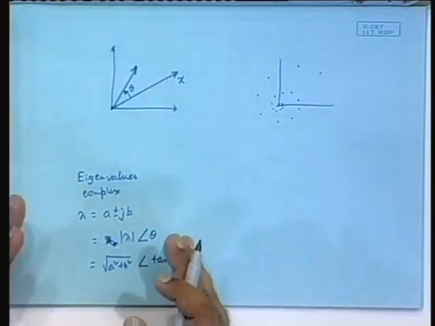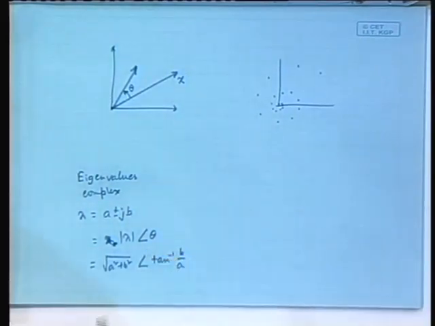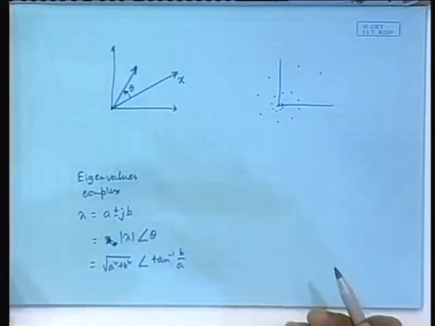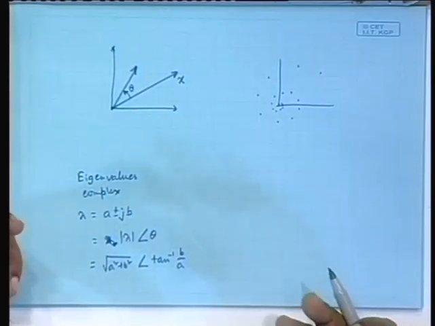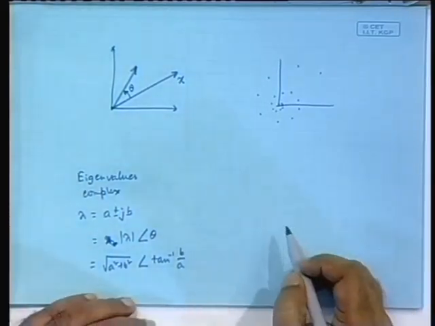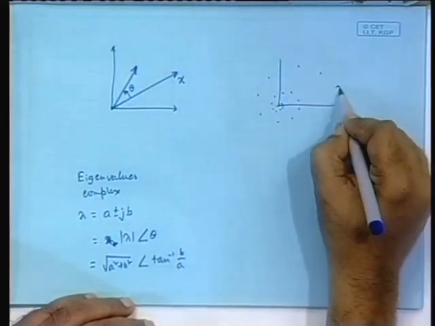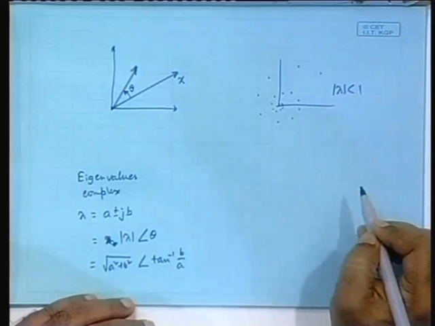So, this would be an incoming spiral behavior. Likewise, if the root over a square plus b square term, the magnitude of the eigenvalue, is greater than unity, then it will be an outgoing spiral, obvious.